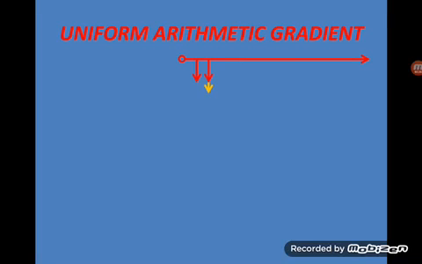At the end of the second period, our cash flow has increased by a certain amount, in this case represented by the yellow arrow. And at the end of the third period, the cash flow increases by the same amount, this yellow arrow. On the fourth, and so on.